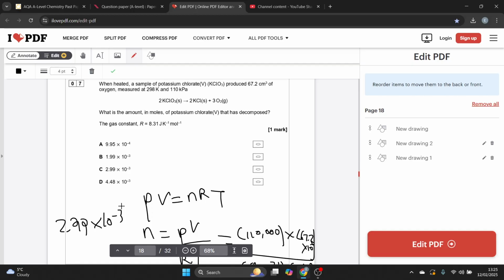But it says, what's the amount of moles of potassium chlorate that has decomposed? 110,000 times 67.2 times 10 to the power minus 6, divided by 8.31 times 298 Kelvin. What is the amount of moles of potassium chlorate that has decomposed?